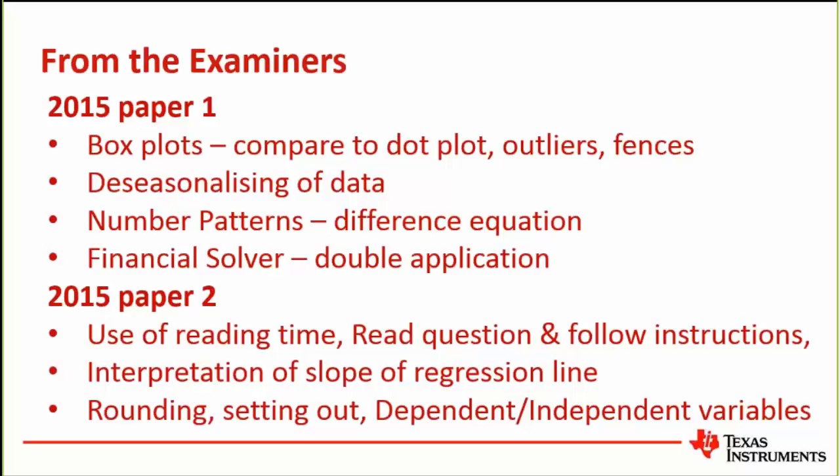This has been compiled by Brian as a summary of what he's read in the examiner's reports, and it would possibly be a good thing for teachers and students to do as well, just to get an idea of what some of the concerns have been. Some of these concerns we're going to be addressing as we go through this evening.